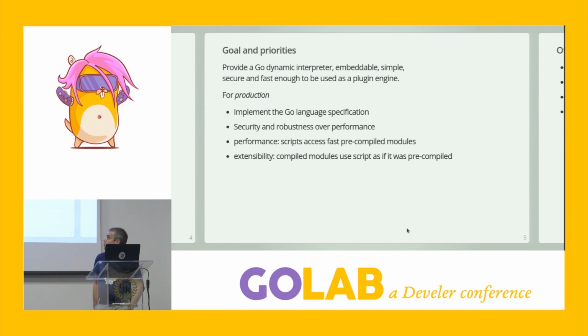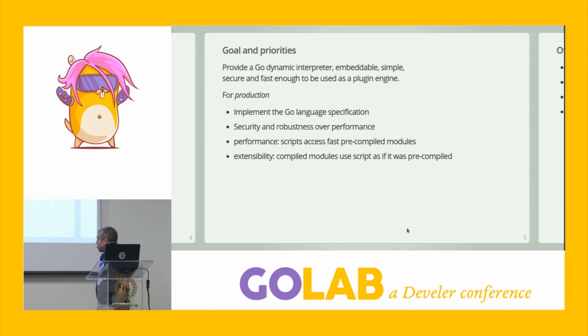So the design choices we decided on were to prioritize security over performance. For example, we don't use the syscall or the unsafe packages by default. We still allow the application to use them, but it has to be explicitly decided by the application.